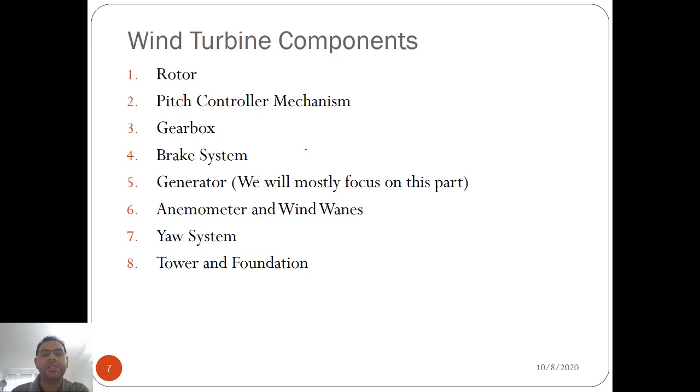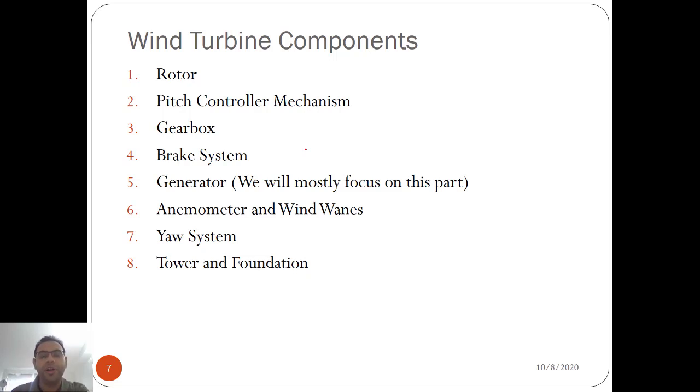Then we will discuss the gearbox mechanism, and how the gearbox helps achieve the high speed for our wind turbine generators. We will also discuss the brake system. For instance, if you need to stop your wind turbine, say for maintenance, the brake system will come into action, and as a result you can stop your wind turbine.